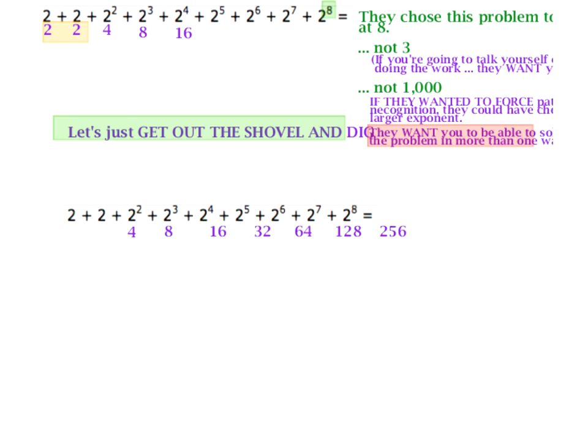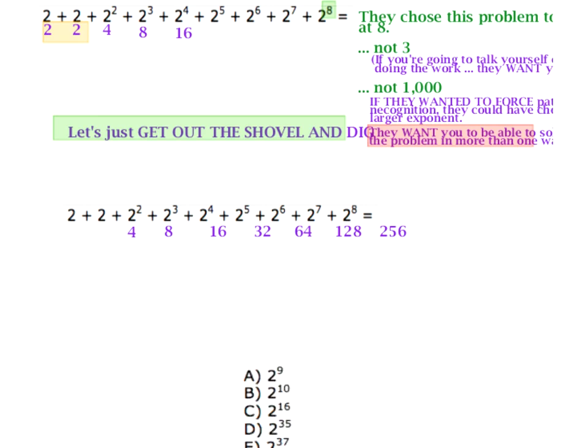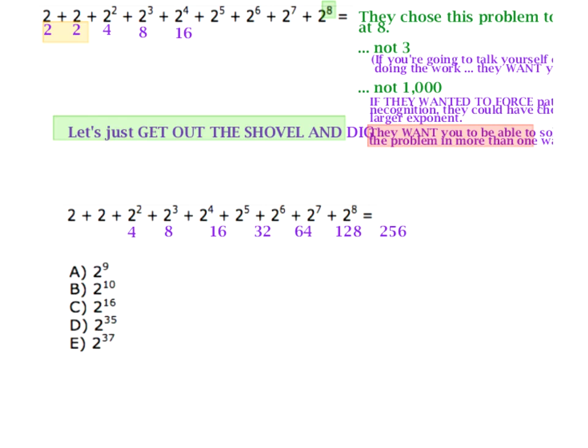Also, don't forget the answer choices here. The answer choices are really far apart. So here are the answer choices. These are absolutely nowhere close to each other. So if you're fast at arithmetic, if you can add the numbers fast enough, then you should probably just add the numbers up exactly.